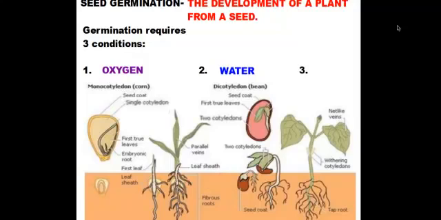Second of all, where do you put the seeds usually? You usually plant the seeds in the soil. So if you plant the seeds in the soil, the sunlight is not going to get to the seeds because it's going to be blocked by the soil. So sunlight is not what's required. However, you do need warmth. So in order to get seeds to germinate, you need to have these three conditions.